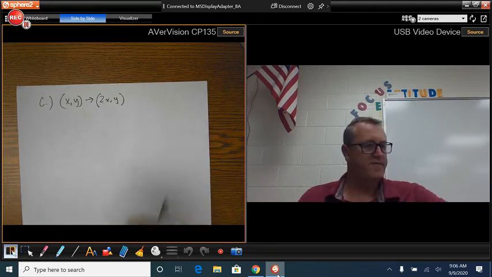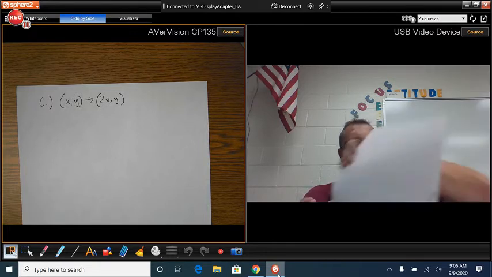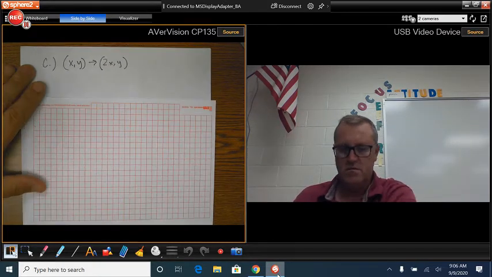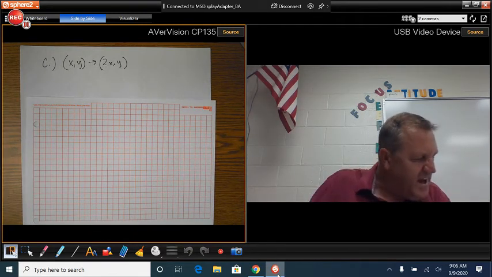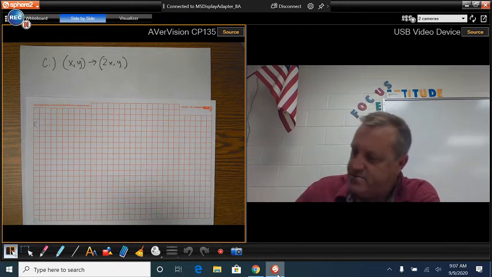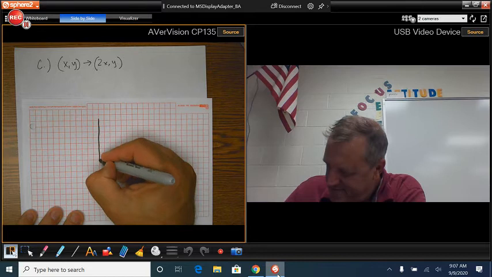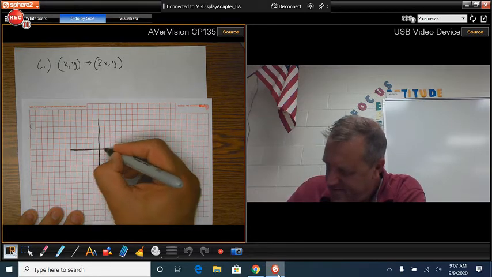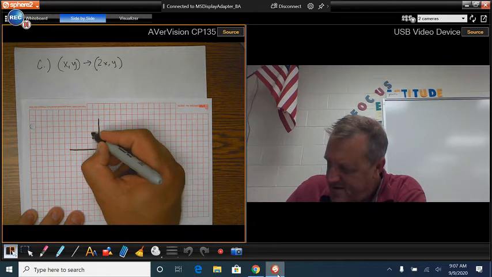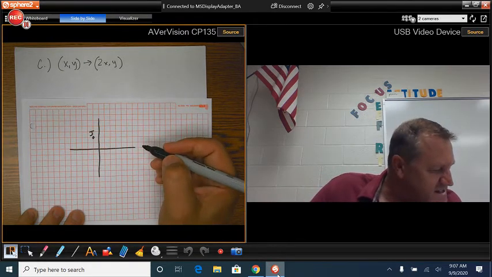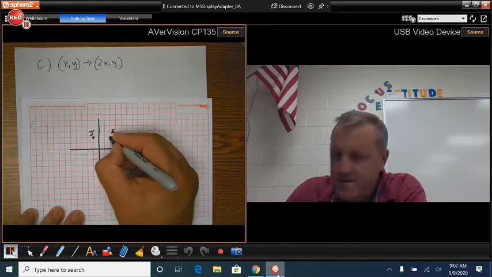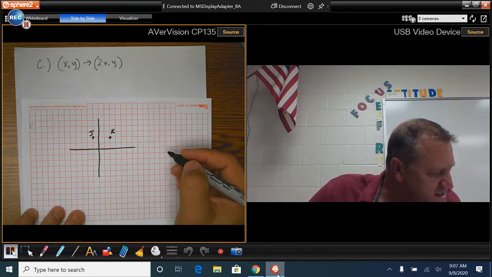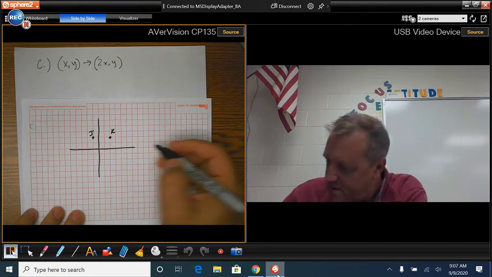And the original graph has J, K, and L. J looks like it's at negative 1, 2. K looks like it's at 2, 2. And L looks like it's at 2, negative 4.